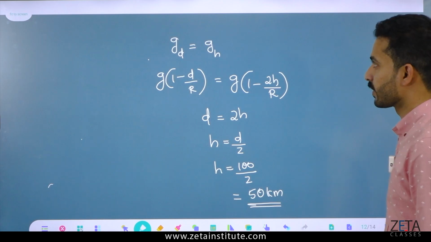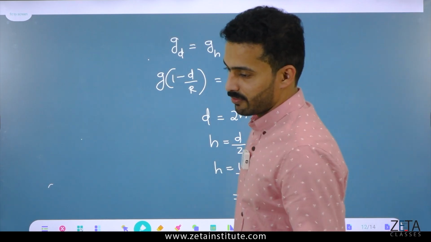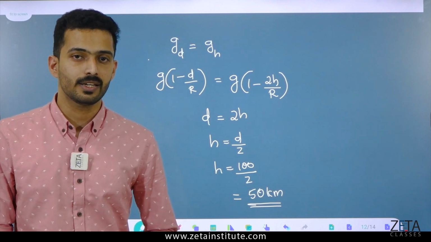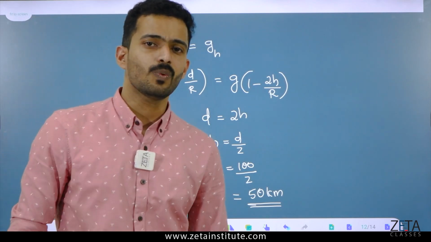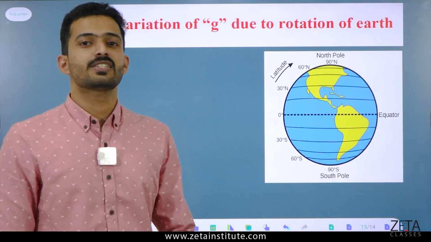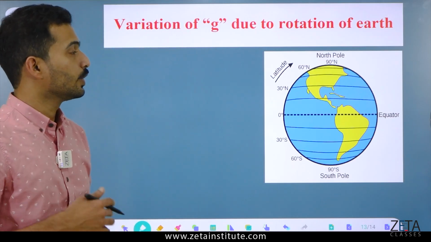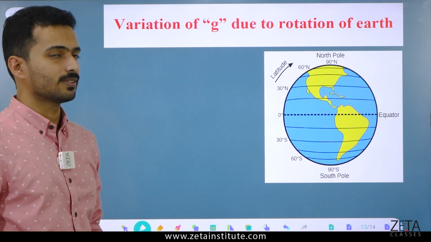So we have already discussed the variation of acceleration due to gravity due to the shape of the earth, at a height h and at a depth d. What is next? Next we are discussing the variation of acceleration due to gravity due to rotation of earth.